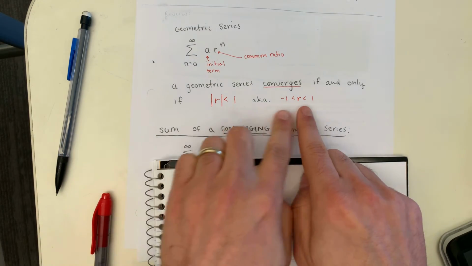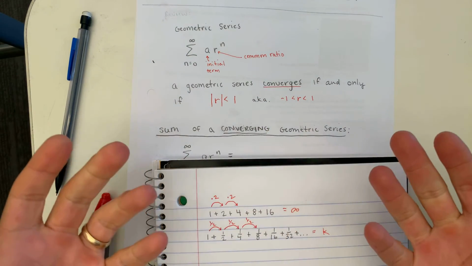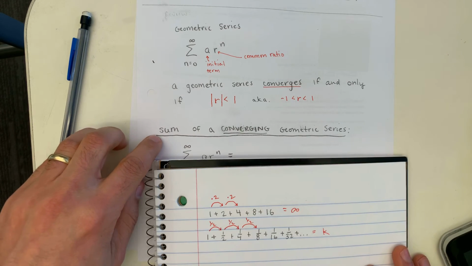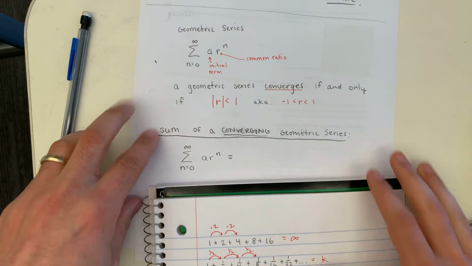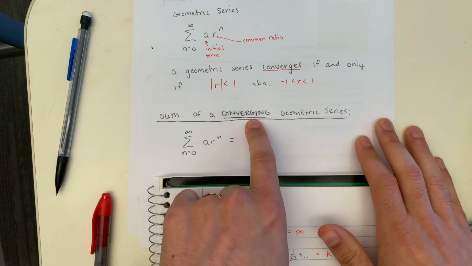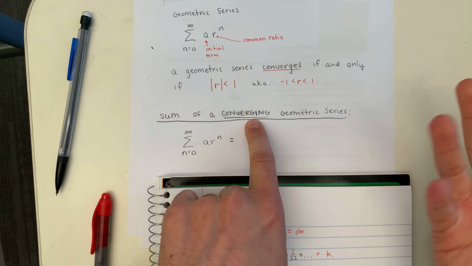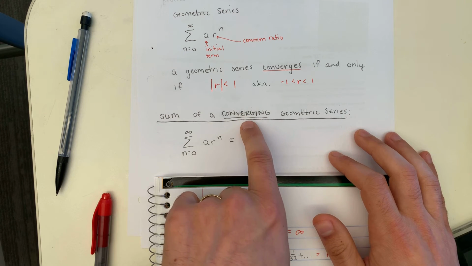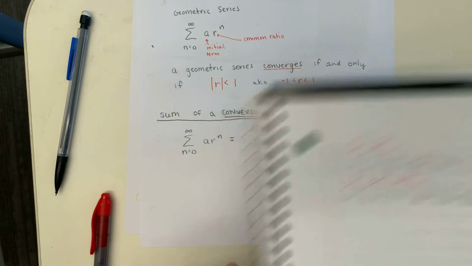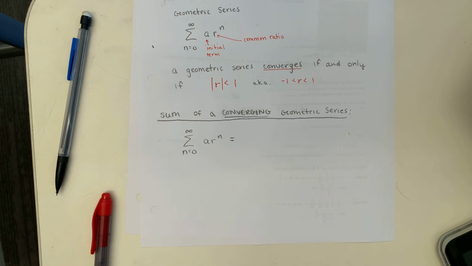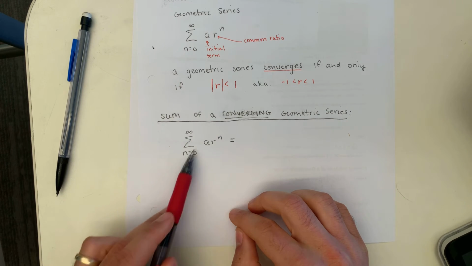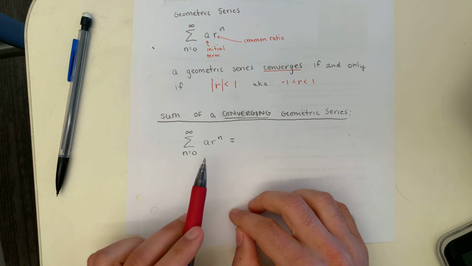So all that will tell us by looking at this is if it converges or diverges. But if we wanted to know the actual sum of all infinite numbers on the converging series, I put converging because for diverging the sum would be infinity. But for converging, to figure out what that constant would be, there's a little formula that we could use. So from the formula here, this is our general term.